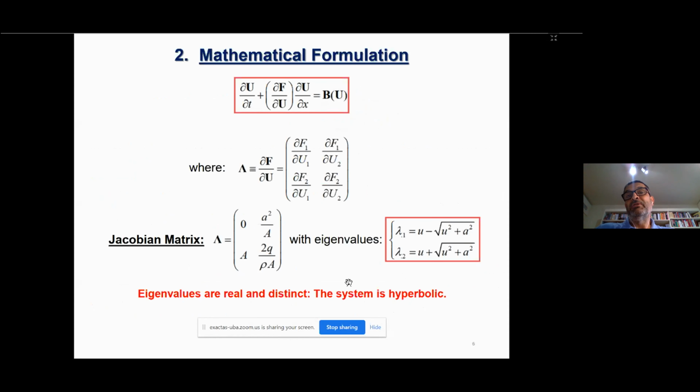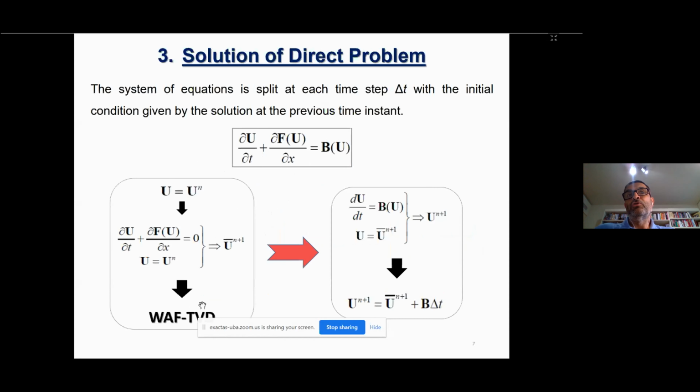This system is hyperbolic. Both eigenvalues of the Jacobian matrix are real and distinct. For its solution, we use a split scheme where the non-homogeneous partial differential system is split into a homogeneous partial differential system and an ordinary differential equation system that is non-homogeneous.